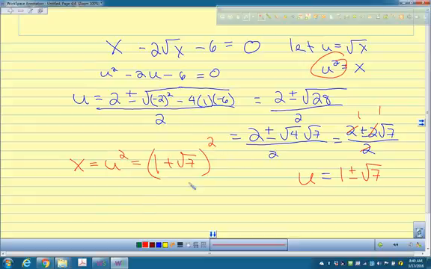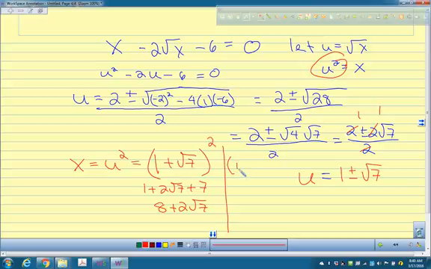And I'm also going to do that with 1 minus root of 7. 1 plus root of 7 squared is equal to 1 plus 2 root 7 plus 7, which is 8 plus 2 root 7. Do you think you could do this on a test? See, I just FOILed that, okay? 1 times 1, root of 7 times 1, root of 7 times 1 again gives you 2 root of 7, and root of 7 times root of 7 gives you 7, okay?